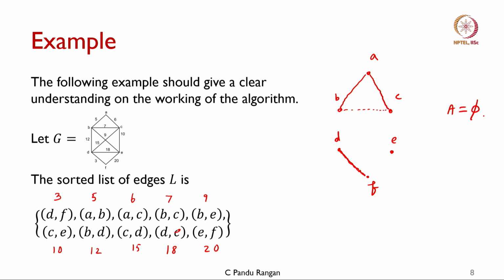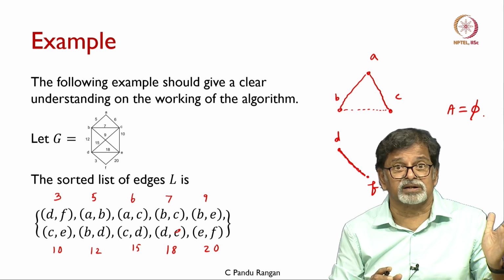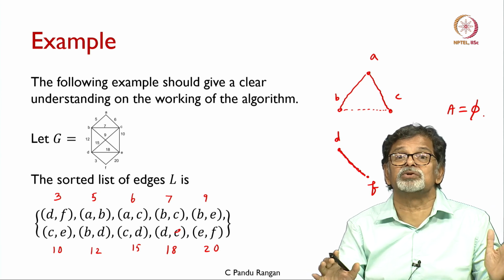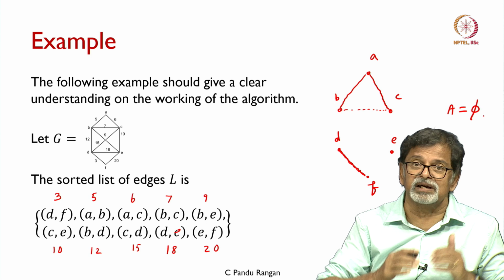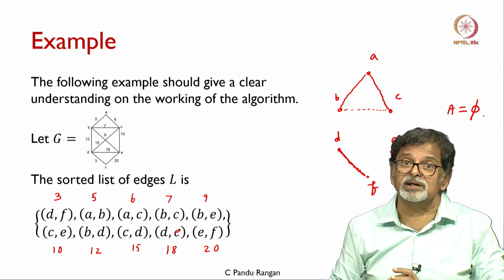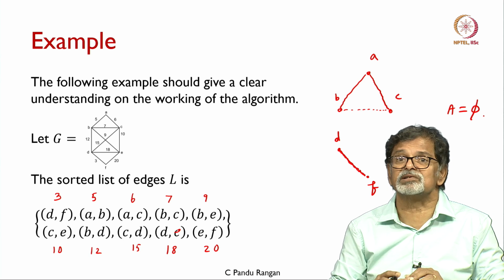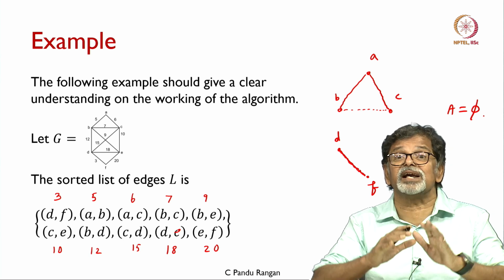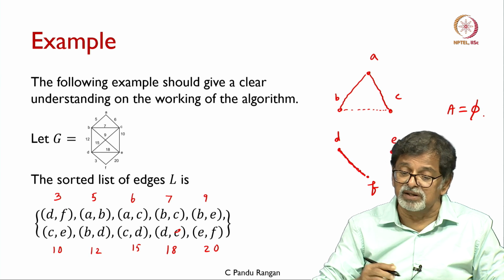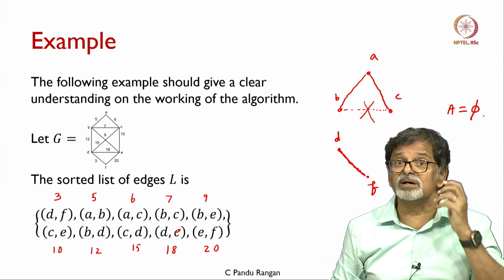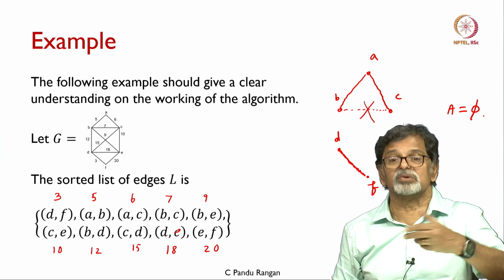There are 3 edges that are already in A. Now I am adding one more edge. Unfortunately, this is forming a cycle. Therefore, though this edge is cheap, I cannot include this. That creates a cycle. I am looking for a tree. Tree is an acyclic structure. Therefore, I should ignore that edge and go to the next edge.